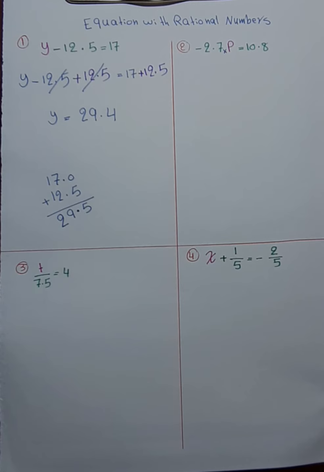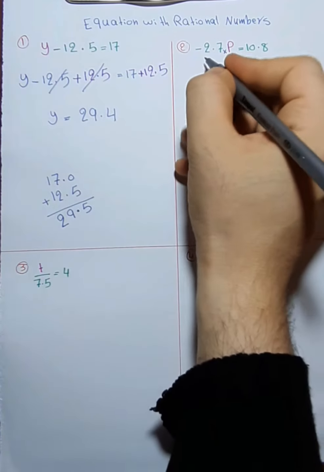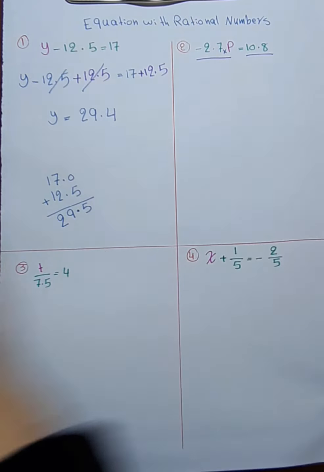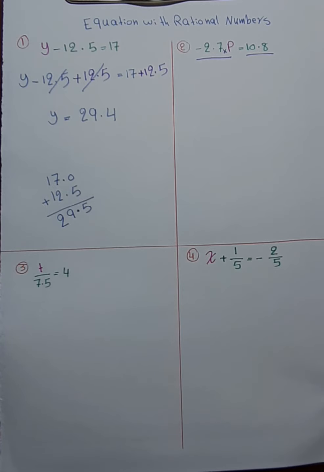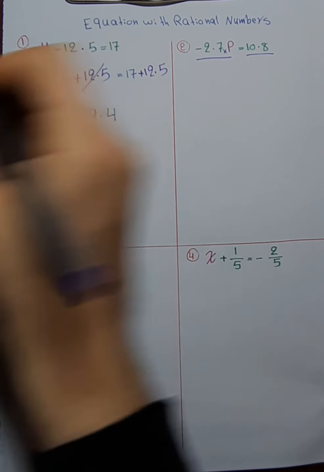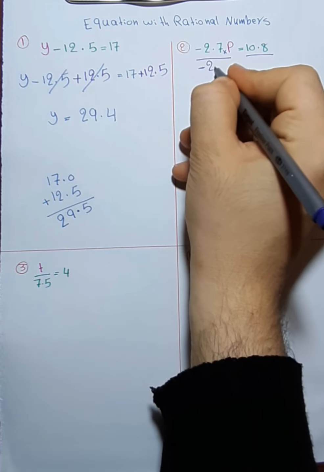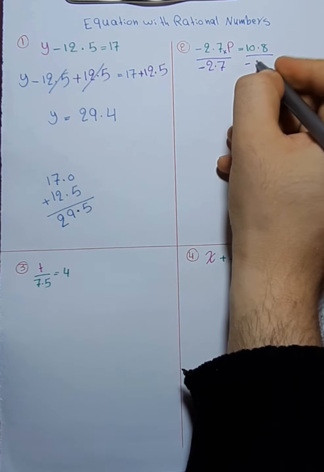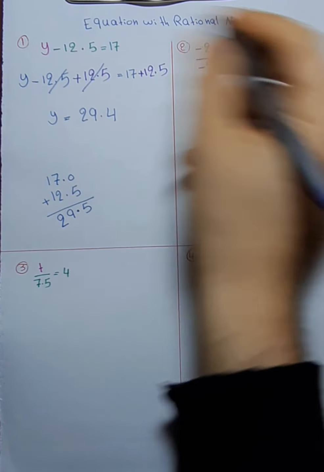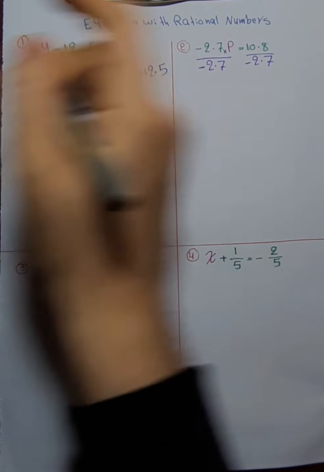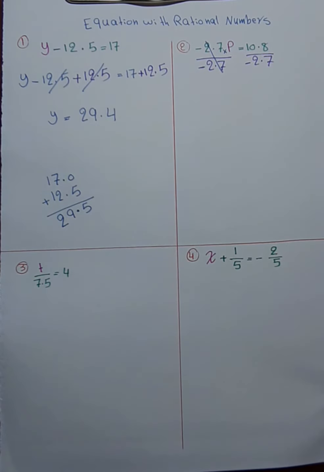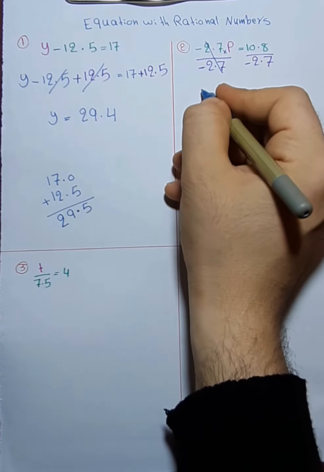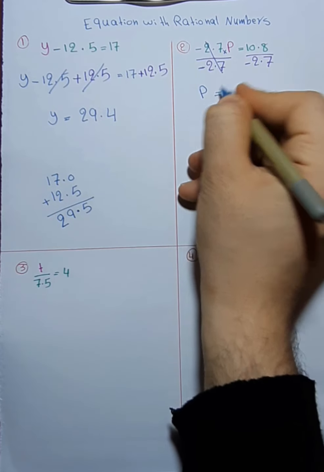We have to divide both sides by the number that is with the variable, by negative 2.7. Now these two numbers are reduced. Negative 2.7 divided by negative 2.7 equal to 1. So p stays the same.